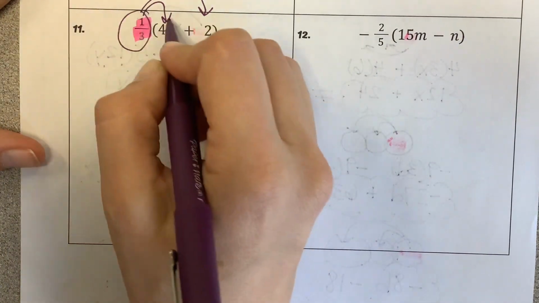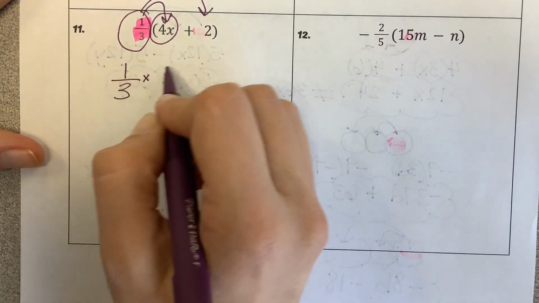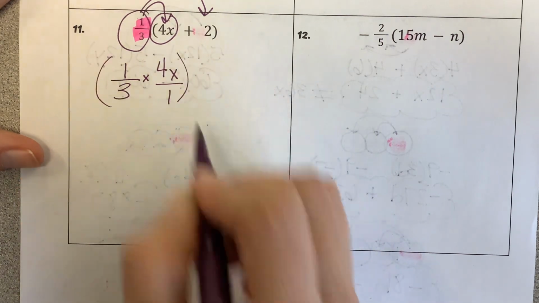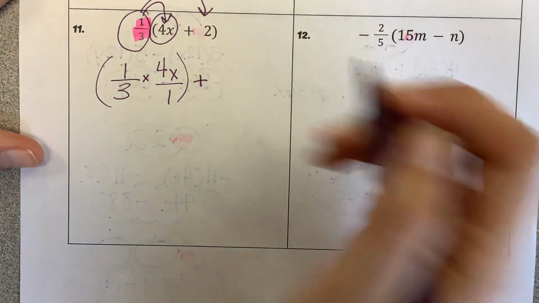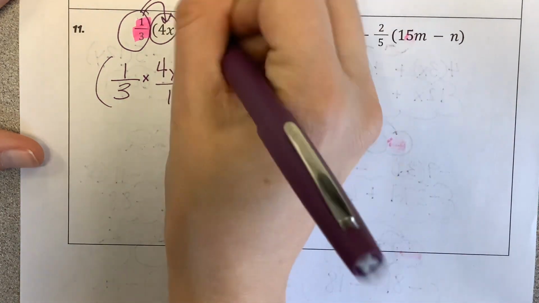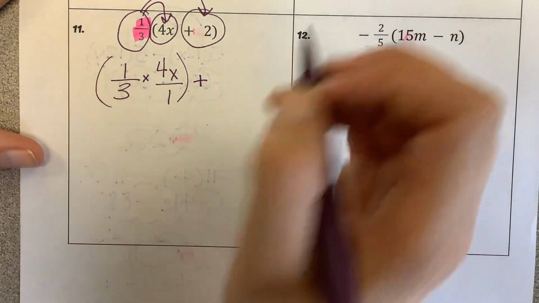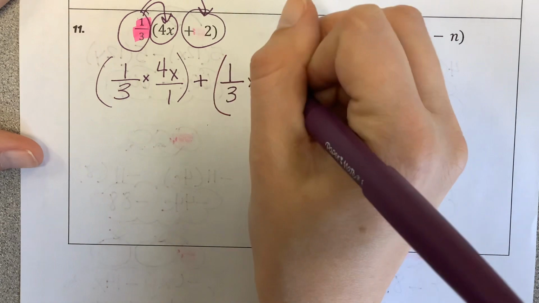So we have a positive 1/3 times positive 4x. So 1/3 times 4x, and I'm just writing it over 1. Plus, we have positive times positive, which is a positive. 1/3 times 2. We're doing 1/3 times 2.